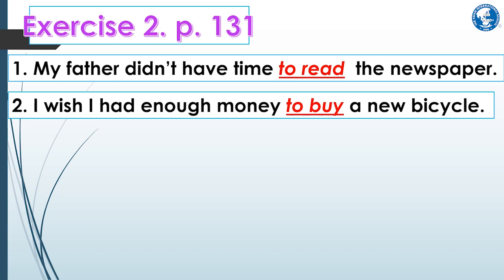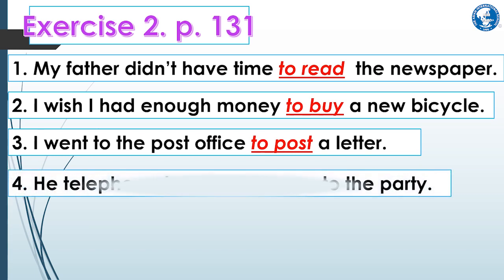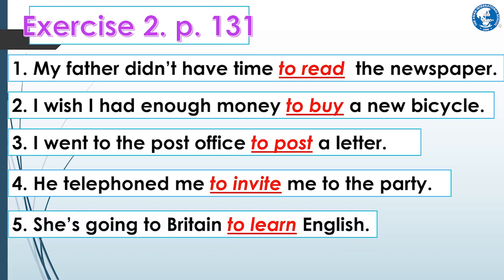Number 3. The suitable verb should be post. I went to the post office to post the letter. Number 4. He telephoned me to invite me to the party. And the last one. She's going to Britain to learn English.